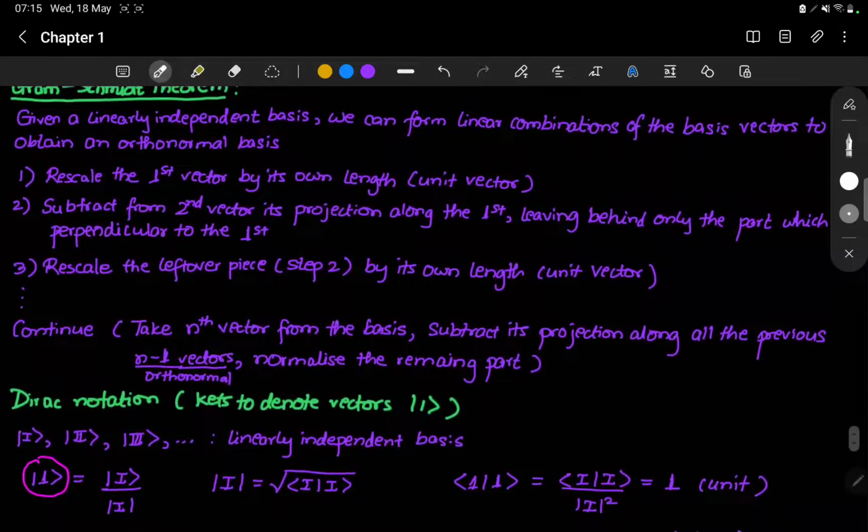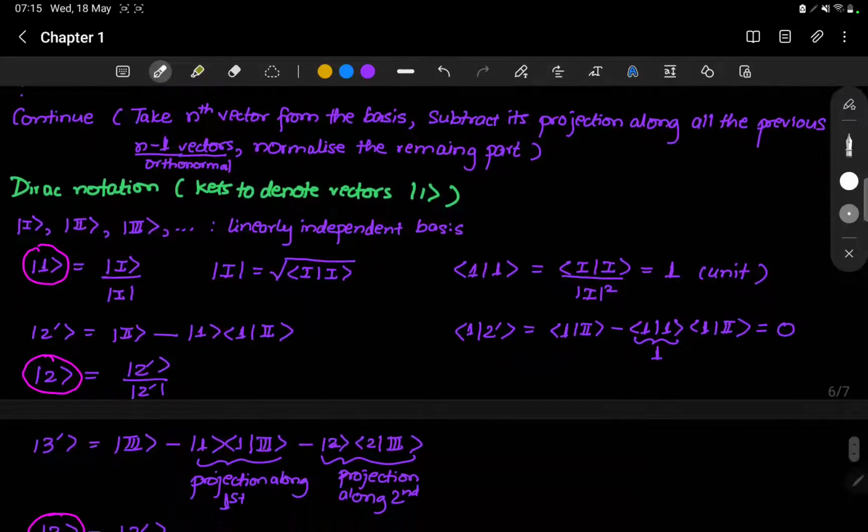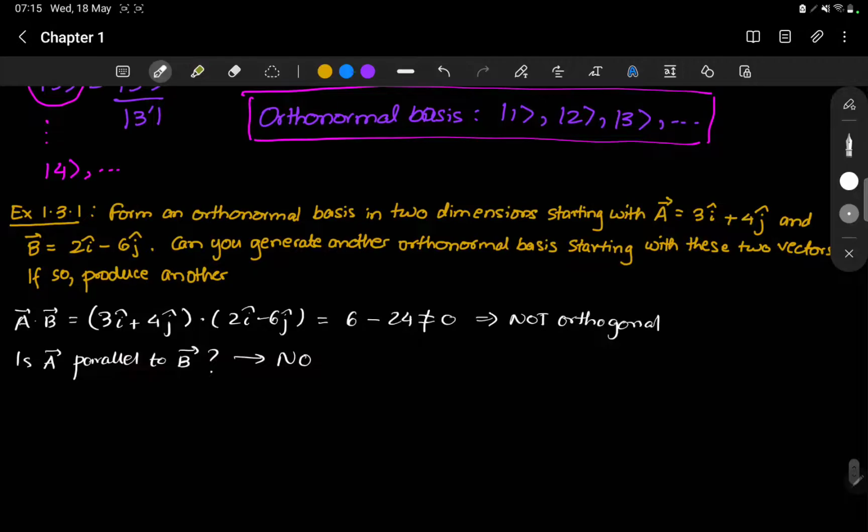Our procedure said take the first vector and rescale it by its own length. So first vector here will be A. We will get the first vector of the orthonormal basis by taking A and rescaling it by its length.